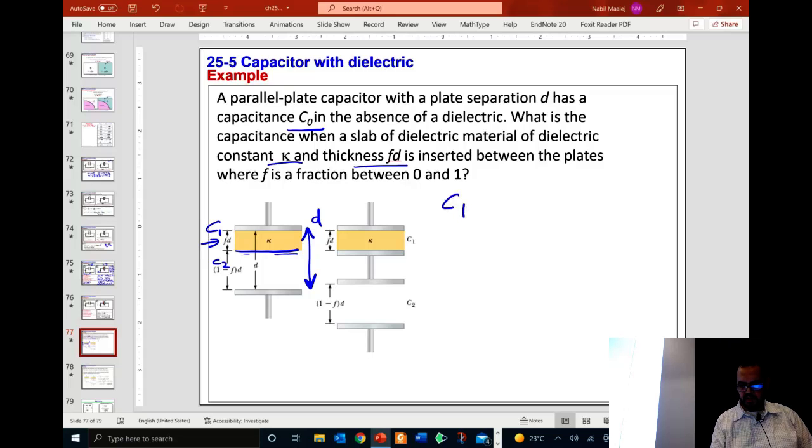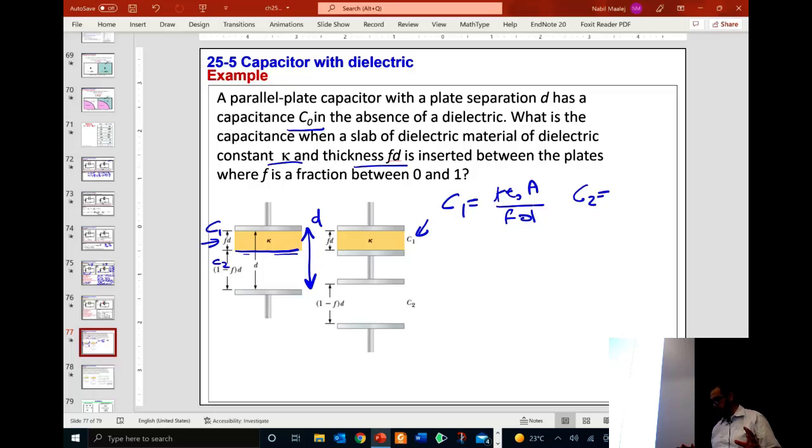So let's first of all determine C1. C1 is this capacitor here. It's kappa epsilon 0 A, which is the area, divided by the distance. The distance is now Fd, a fraction times D. Okay, what is capacitance C2?